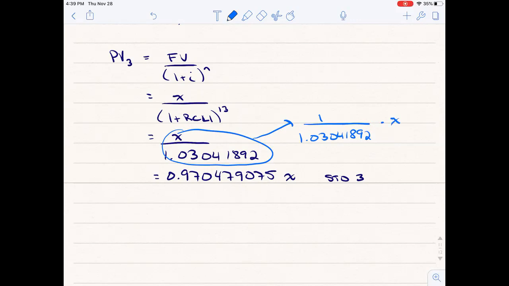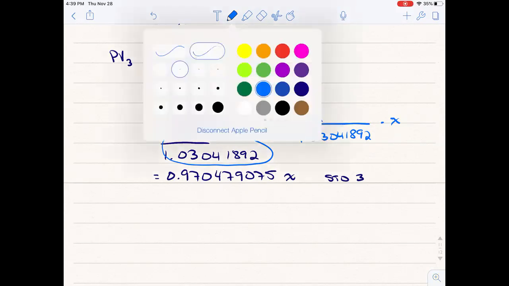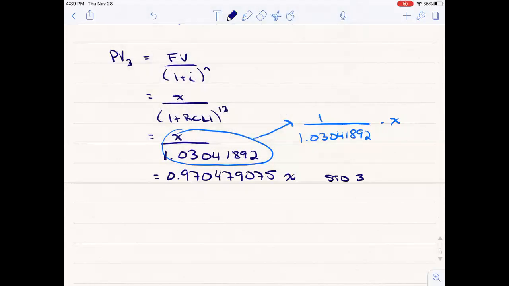And 1 over 1.0304 is 0.97, whatever. And you can use the 1 over x button on your calculator. Do we have to show that work, or can we just use the button? No, you can just use the button, yeah. As long as you get the same answer as me, it doesn't really matter how you got there. Okay.